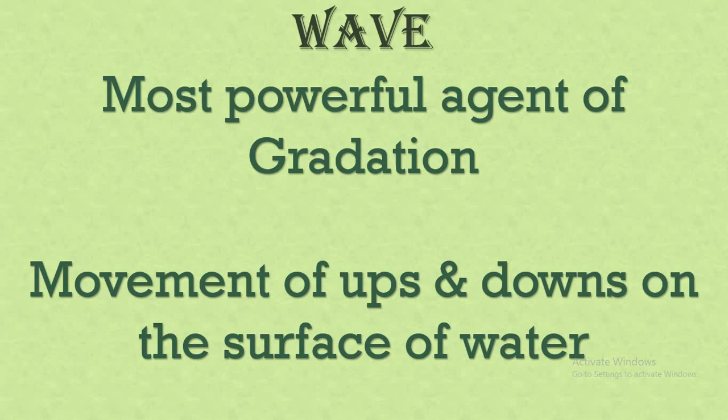The water is moving up and then down. Rises up, goes down. Rises up, goes down. When we call it a tide, it will be too heavy. It rises still a little bit more and comes down. So the force of the wave, the water will be heavy over there. So the movements of ups and downs on the surface of water are called waves.